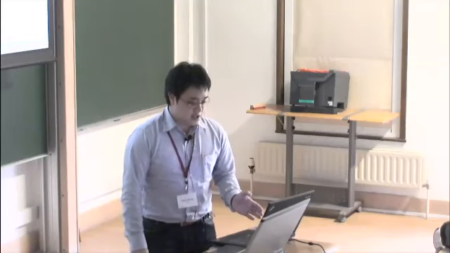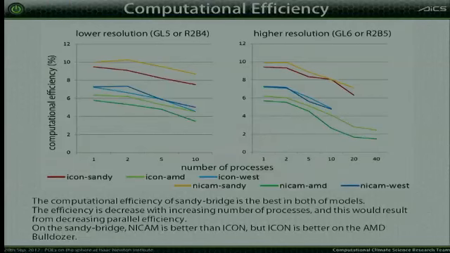So the efficiency decreases with increasing number of processes, and this would result from the decrease in the parallel efficiency. On the Sandy Bridge, NICAM is better than ICON. However, ICON is better than NICAM on the AMD Bulldozer architecture.